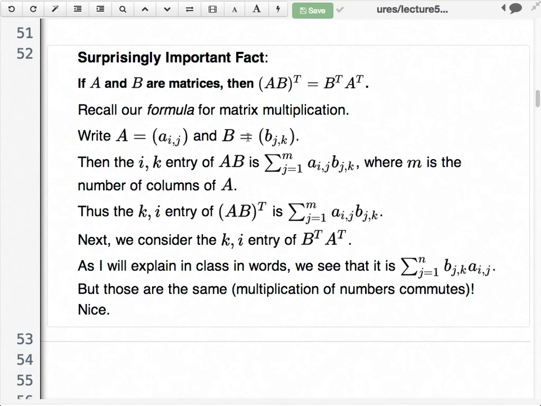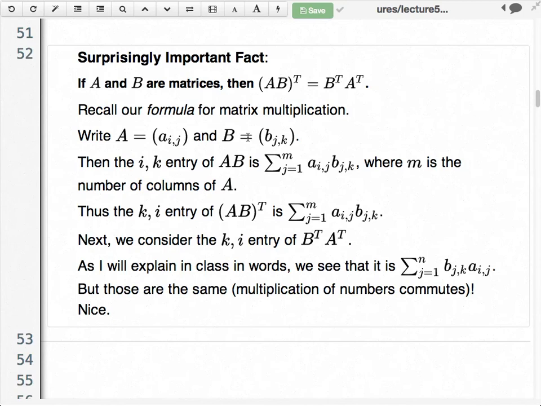Okay, so here's why this is true. If you have a matrix A and its entries are a_ij, then the entries of the transpose are a_ji. In other words, the ij entry of the transpose is a sub ji. I hope that you don't find that too confusing, but let's figure out what is going on here.